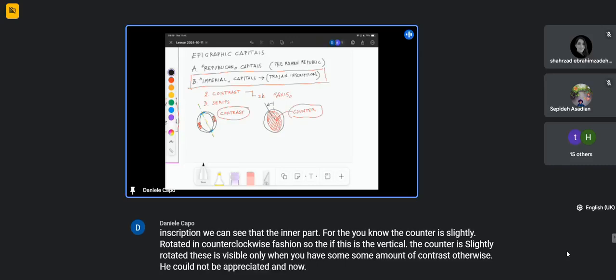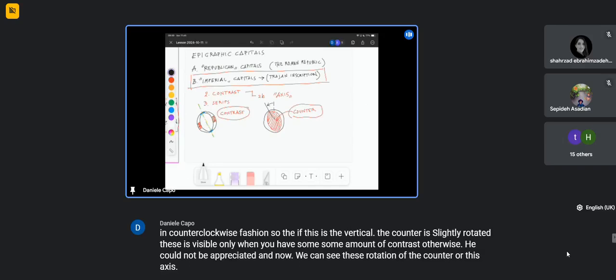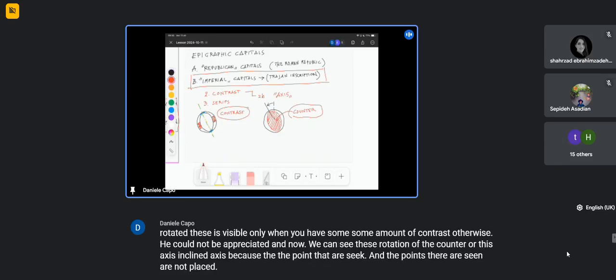Now, we can see this rotation of the counter, or this inclined axis, because the points that are thick and the points that are thin are not placed exactly in the left and right part and top and bottom, but are just a little bit rotated.